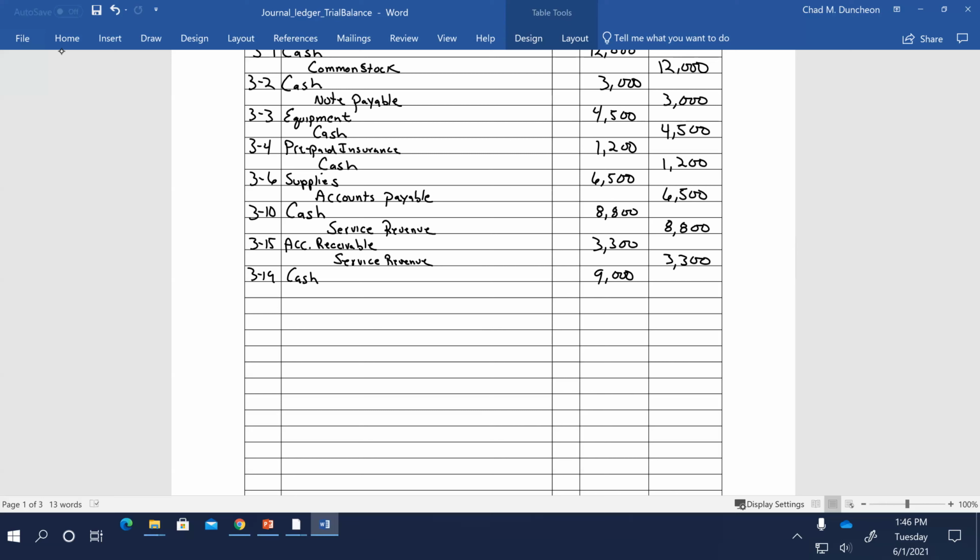According to the revenue recognition principle, we cannot record service revenue at this point in time. Instead, it becomes something we owe. We owe this advertisement at some point in the future. Whenever we owe work or we owe product later, that becomes a liability, which is called unearned revenue.